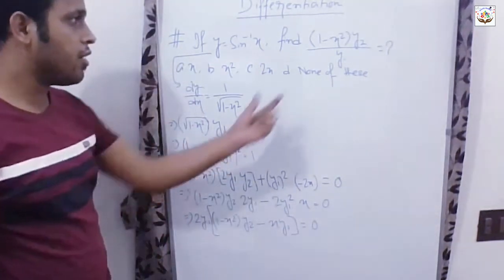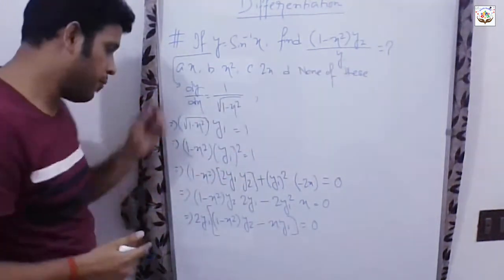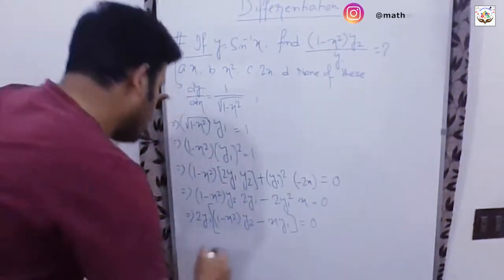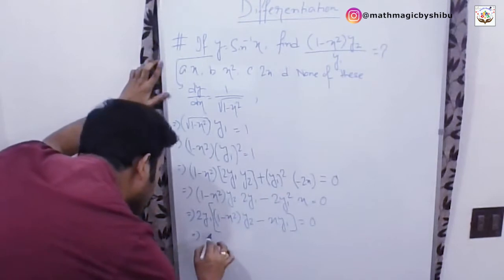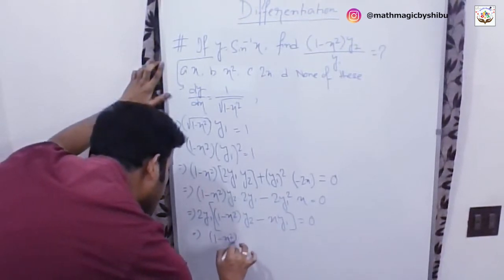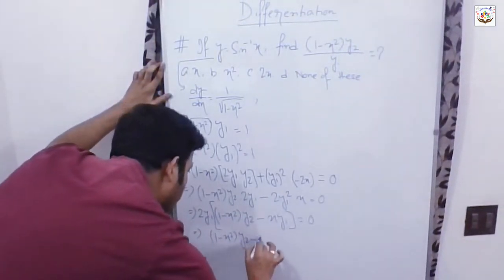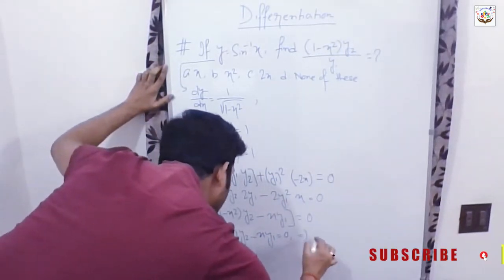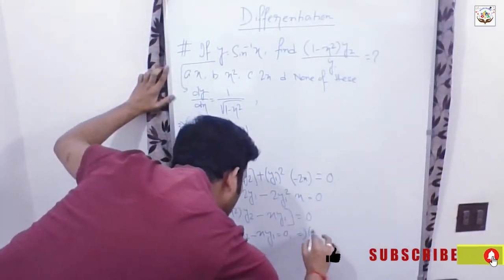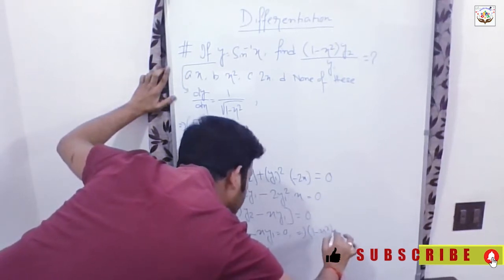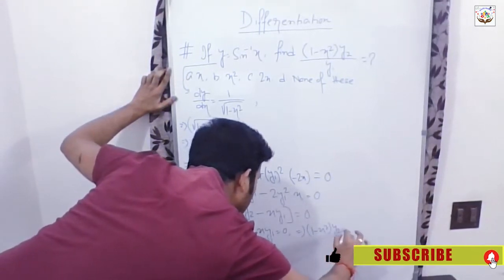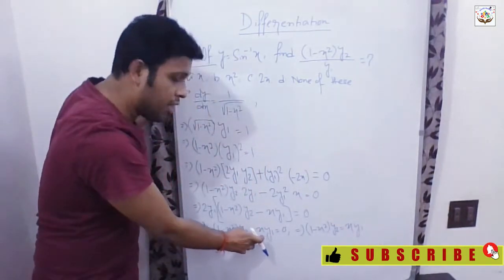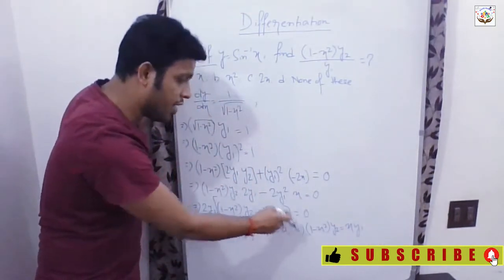Now the resulting expression has almost come. 0 divided by 2y1 will be 0. So we have (1 minus x square) y2 minus x y1 equals 0. Modifying the equation again, we have (1 minus x square) y2 equals x into y1, as I have taken the minus x y1 part to the right hand side.